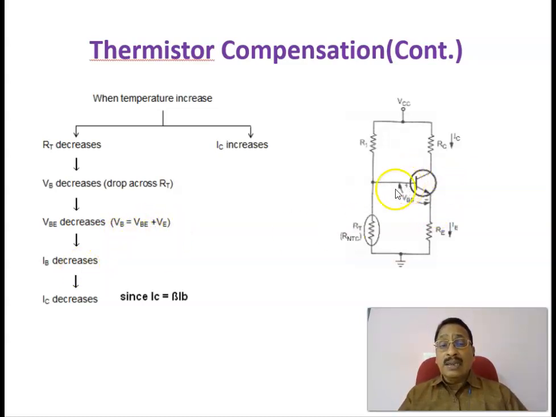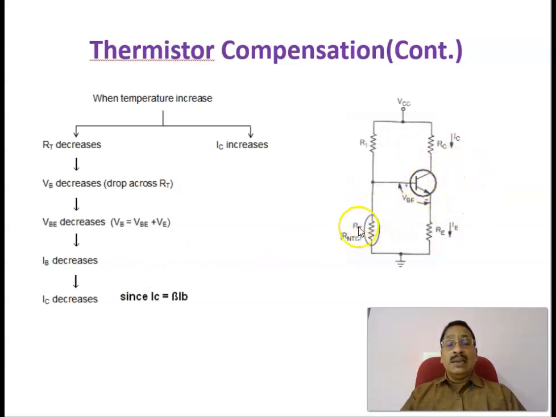As VBE reduces, the base current IB reduces. As base current IB reduces, IC decreases, because IC equals beta IB plus 1 plus beta ICO. Here, this is what we call the compensation. We are compensating the variation in IC due to the temperature rise.